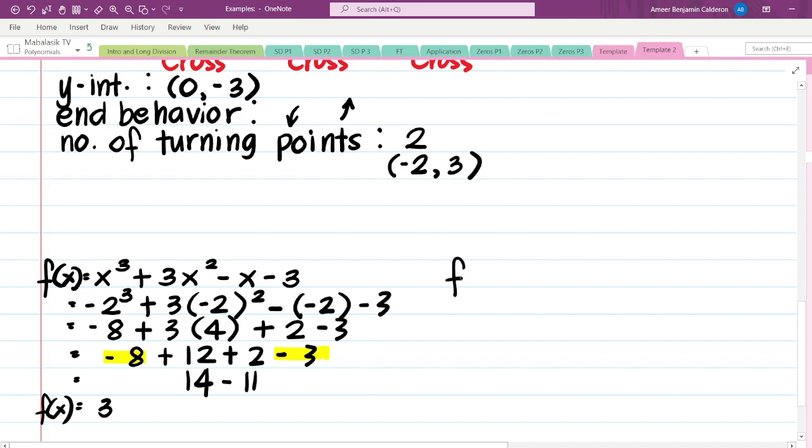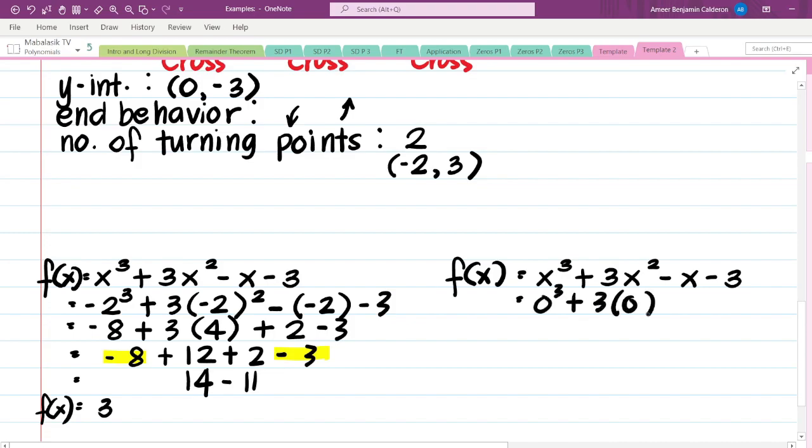Next, we have f of x equal to, I'll just copy this, paste it here. Instead of x now, I will write 0 because that is the other midpoint. So essentially, this is just going to be 0 cubed plus 3 times 0 squared minus 0 minus 3.